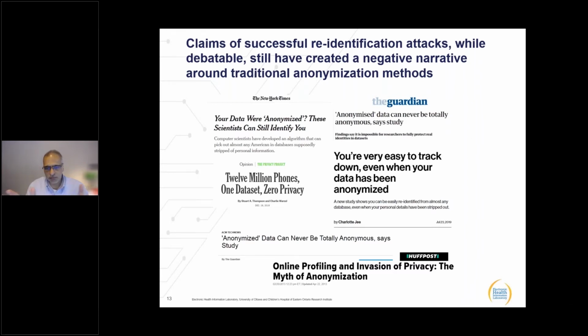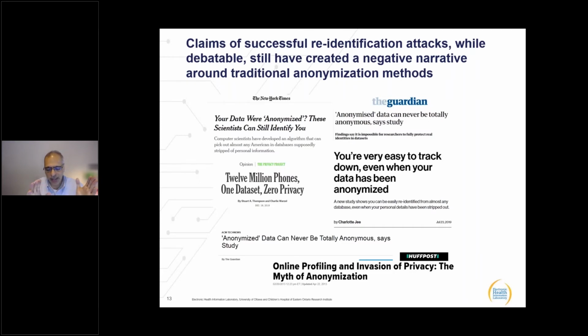And again, I'm not going to get into whether these attacks are what they say they are, what their weaknesses were, and whether the results were overinterpreted or not. I think we're past that point. That's an interesting discussion, but we've reached the point where there's a general sense that these attacks are real.